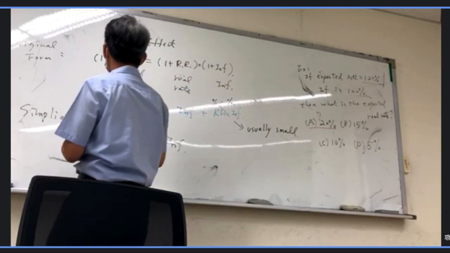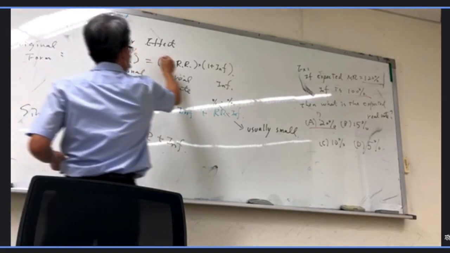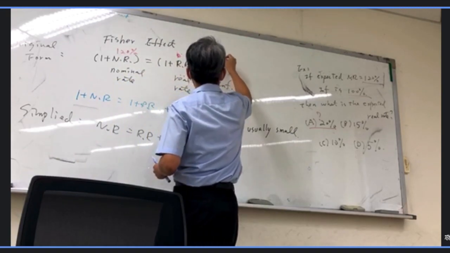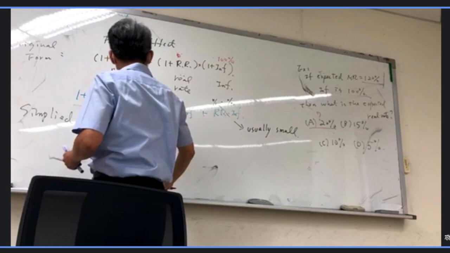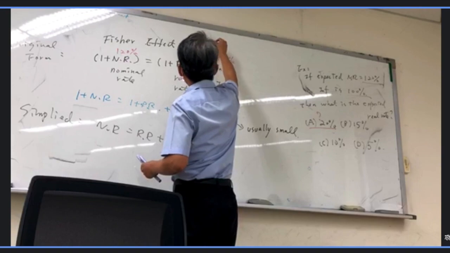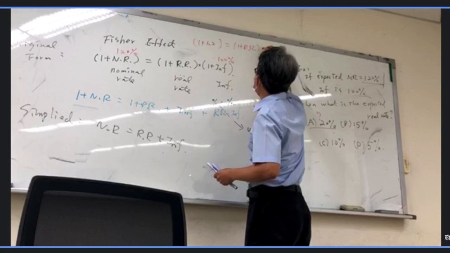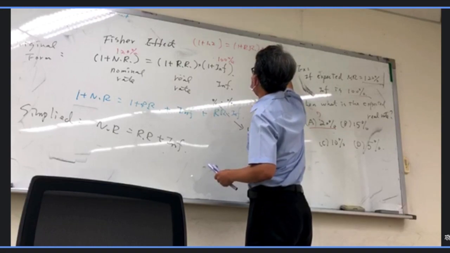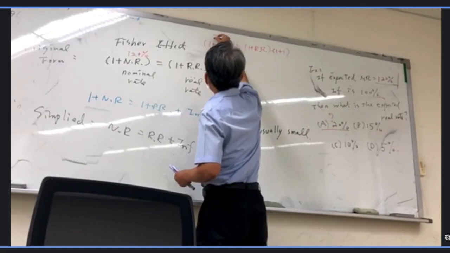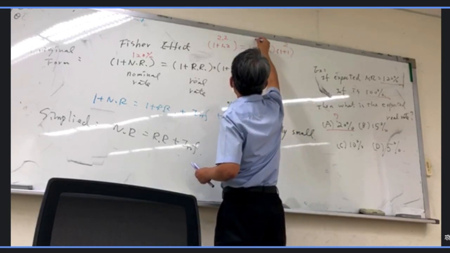Be careful. This is 120%, this is one, and this is 100%. So this is 1 plus 1.2 times 1 plus real rate. So this is 2.2, this is 2. So this should be 1.1.